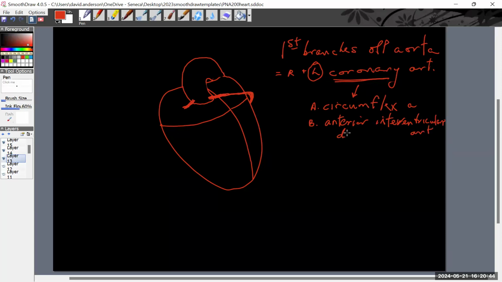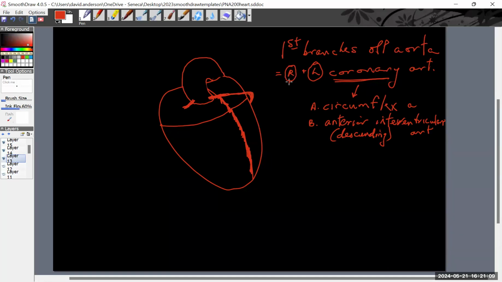And sometimes you'll see the word descending in there. That second branch would travel down between the two ventricles. So it literally is going to travel down this border right here. So you can see left divides into two separate branches.